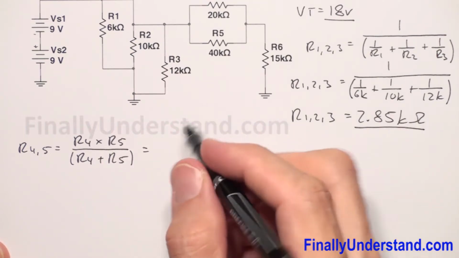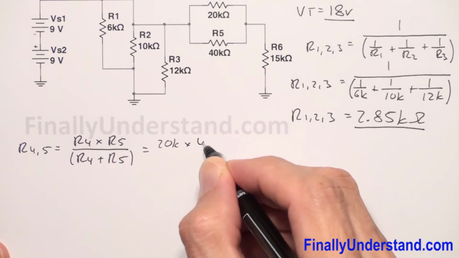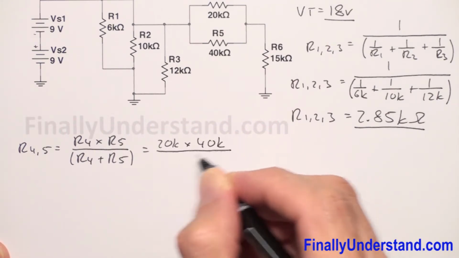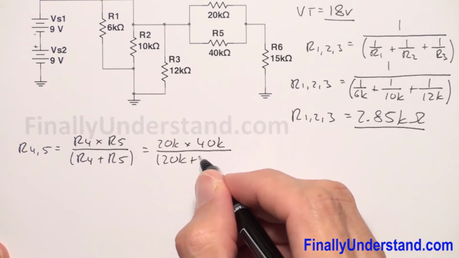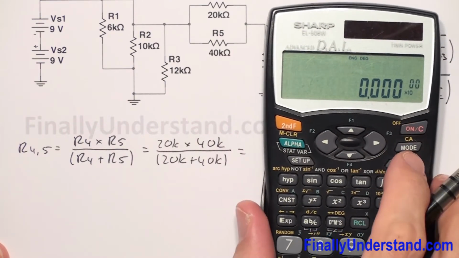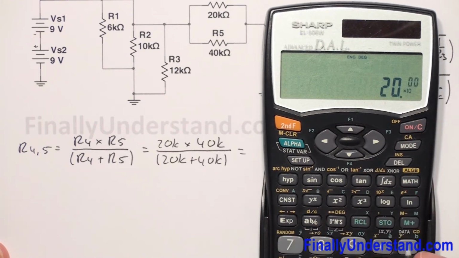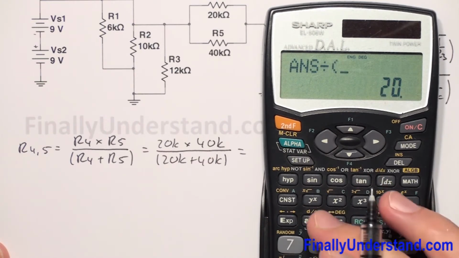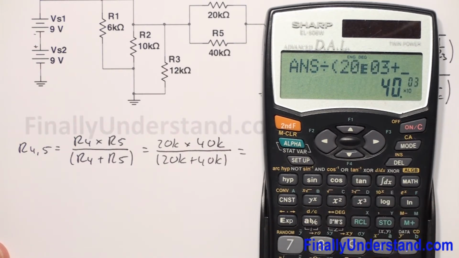This is equal to, R4 is equal to 20K times 40K over 20K plus 40K. This is equal to 20 exponent 3 times 40 exponent 3, divided by, open parenthesis, 20 exponent 3 plus 40 exponent 3.